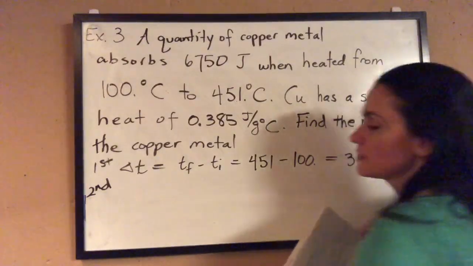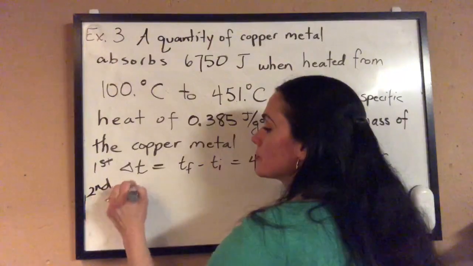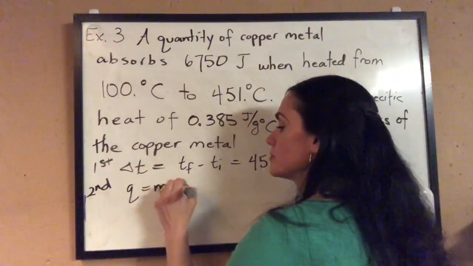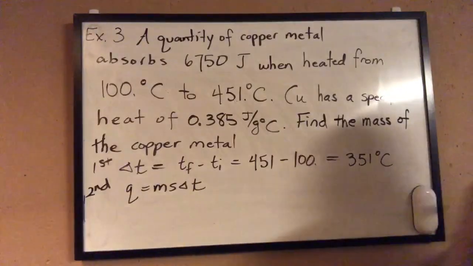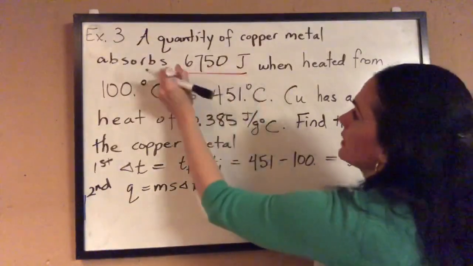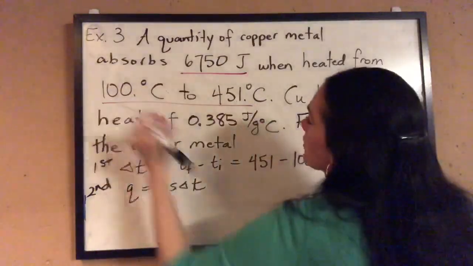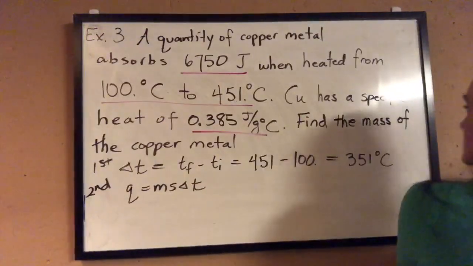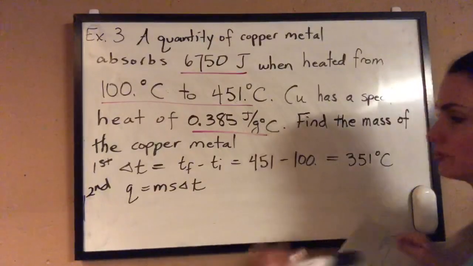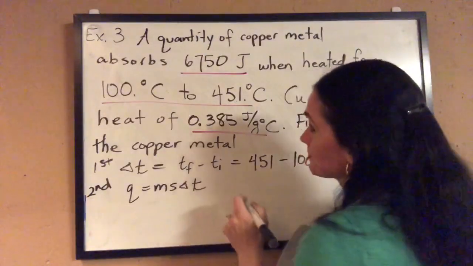All right, so now we need to set up our equation. We have heat. We already have our change in temperature, and we know our specific heat. And again, if it wasn't given to you what the specific heat was, you would look at that table that I referenced.